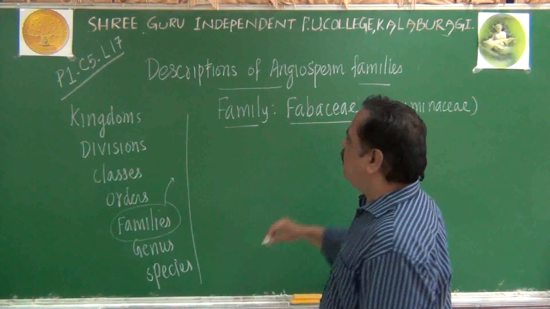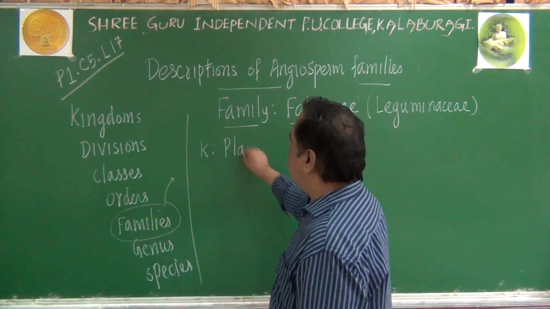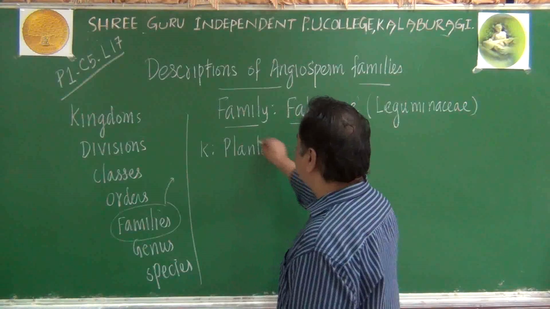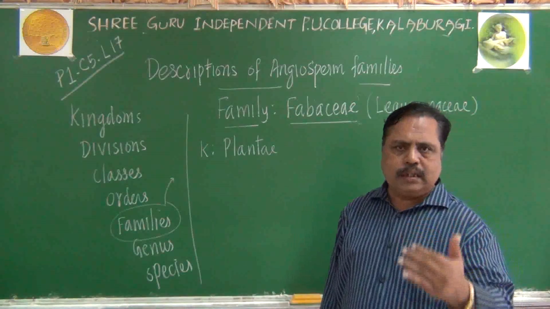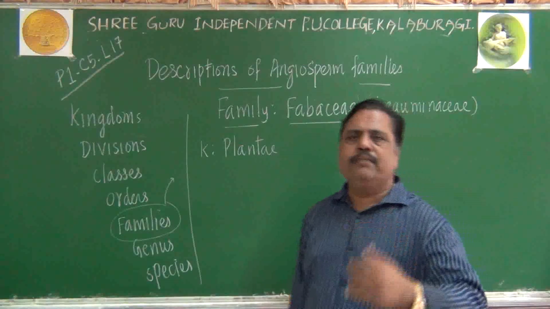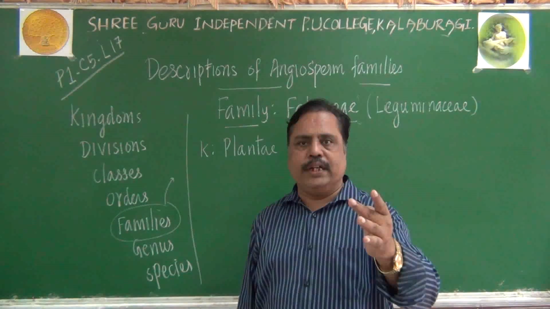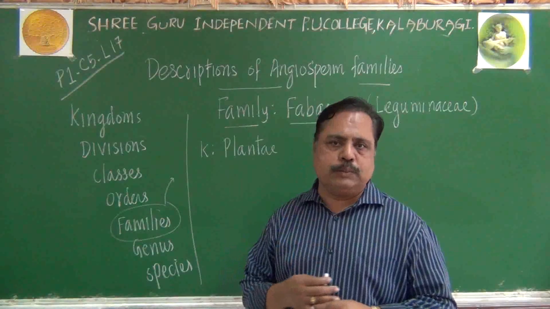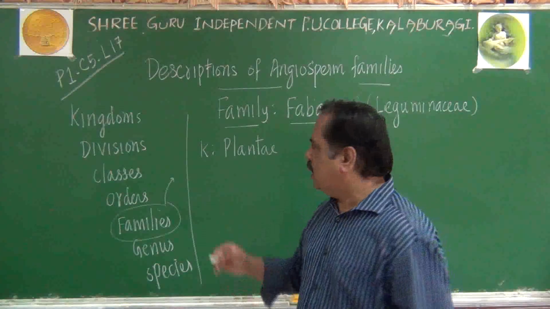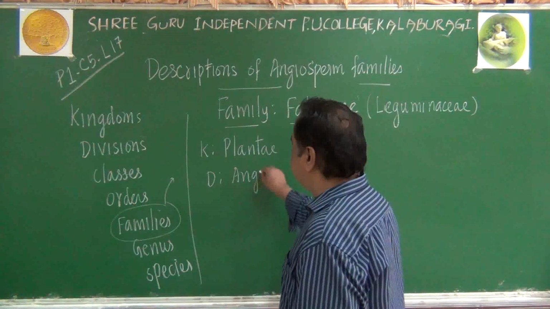This family Fabaceae belongs to kingdom Plantae. Remember, in the kingdom Plantae there are many divisions, namely algae, fungi, bryophyta, pteridophyta, gymnospermae, angiospermae, like that. So here it belongs to the division called angiospermae.